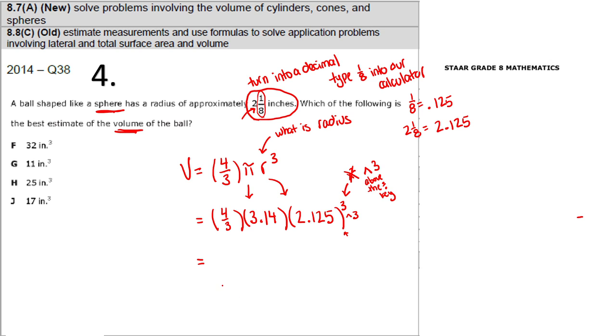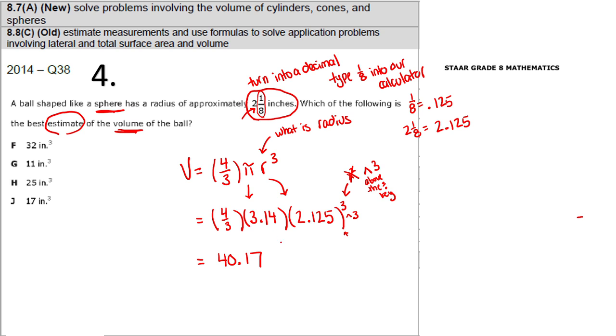Okay, our answer is 40.17. Now, here's what's weird about this question. It says estimate. Remember how on the last question, whenever they used estimate, they took out the decimals?